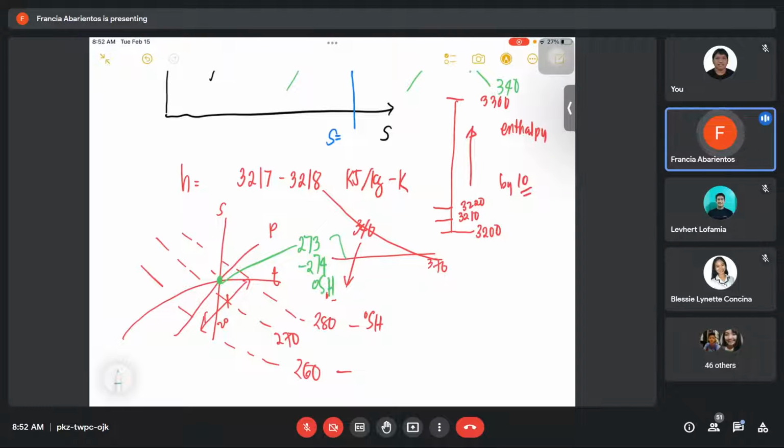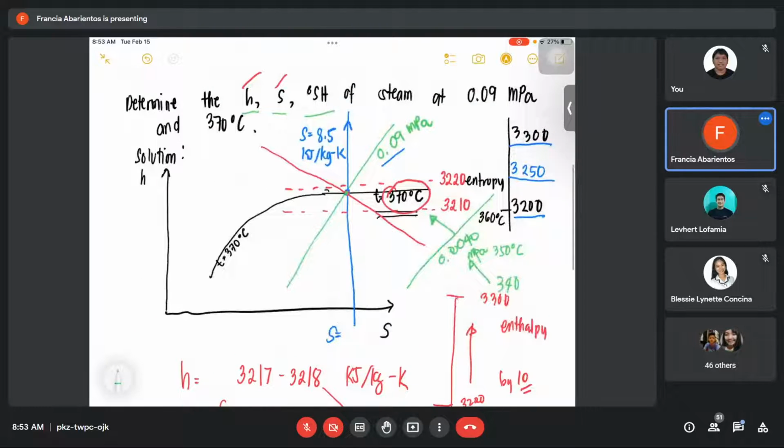If your values fall here, then that is correct for ma'am. Okay? So, 273 to 274 degree superheat. I mean, degree Celsius. So this is now your degree of superheat. Did you understand? You can use a calculator or a ruler to guide you on where our point, the intersection, falls. Okay?